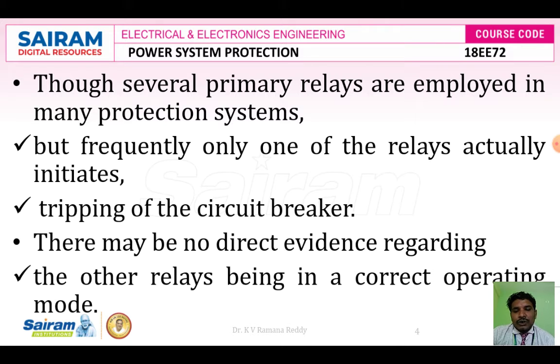There may be no direct evidence regarding the other relays being in a correct operating mode here, because we are checking the performance only with the primary relay, but we are not checking the performance of the same condition with the backup relay. So there is no proper document or evidence to check the performance of backup relays which sit behind these primary relays.